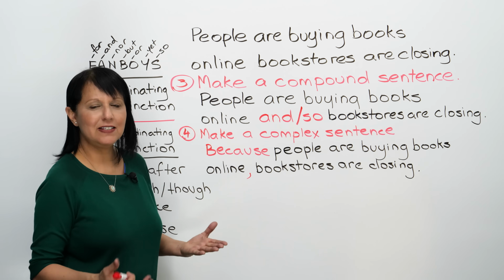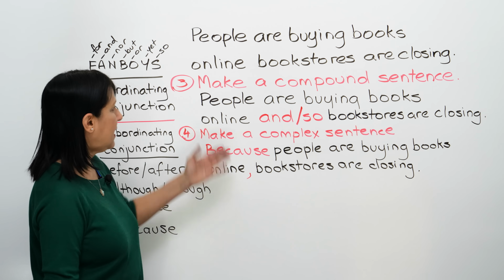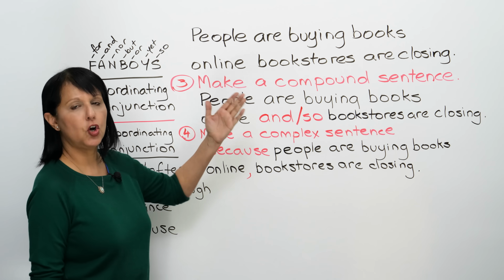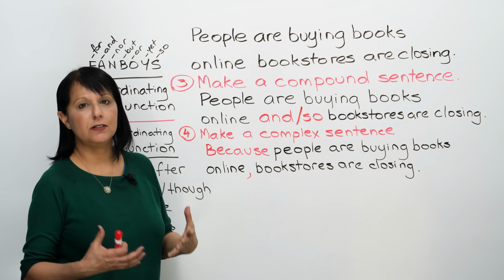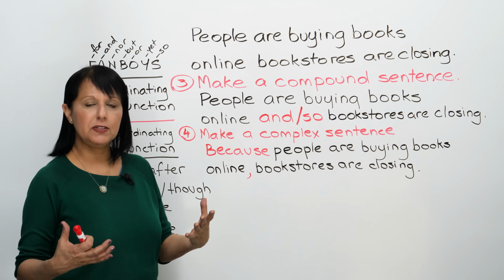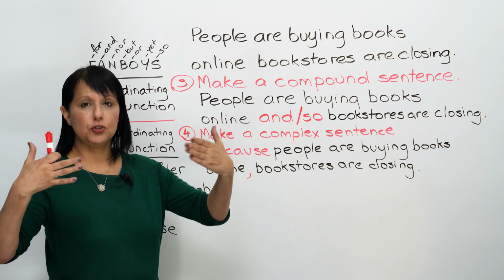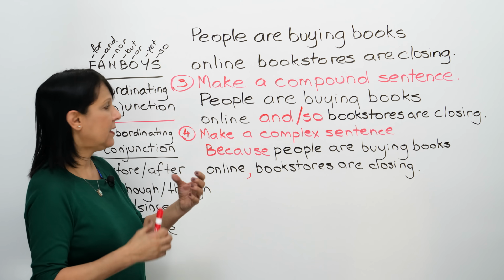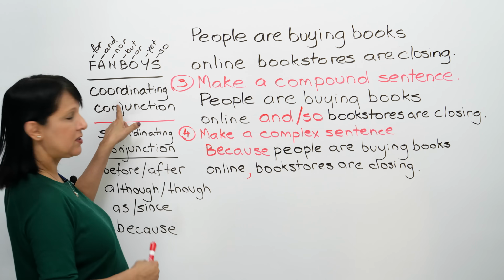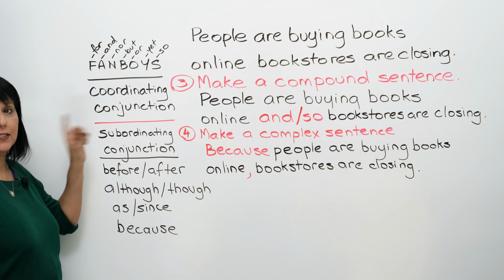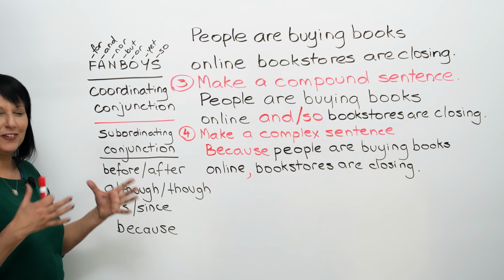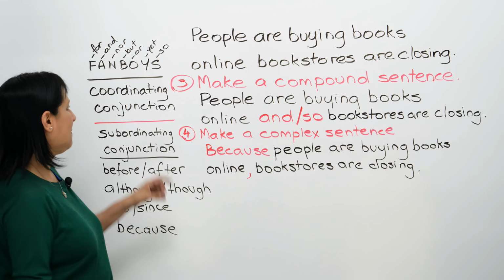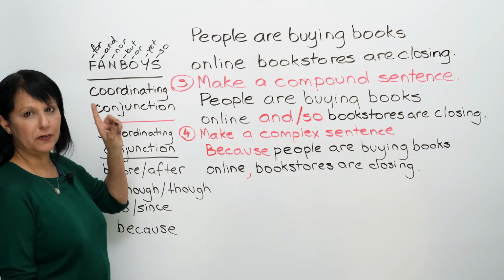All right, so now let's look at option number 3, and that is to make a compound sentence. What is a compound sentence? A compound sentence is when we have two sentences that are connected with what's called a coordinating conjunction. Okay, I know that's a long grammatical term, but it refers to one of these words.